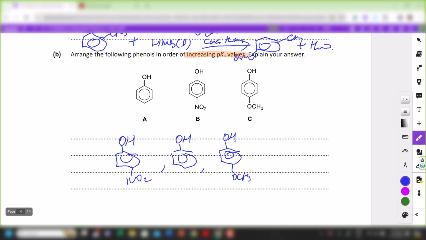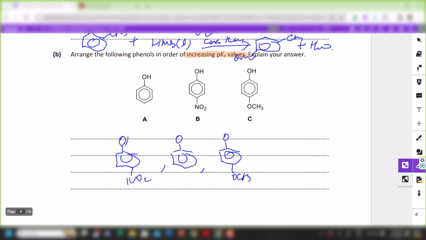An electron donating OCH3 will partially overlap the lone pairs of electrons on O into the benzene ring. So that actually prevents the conjugate base negative charge from delocalizing appreciably into the phenol ring. So I'm going to place it in this order.